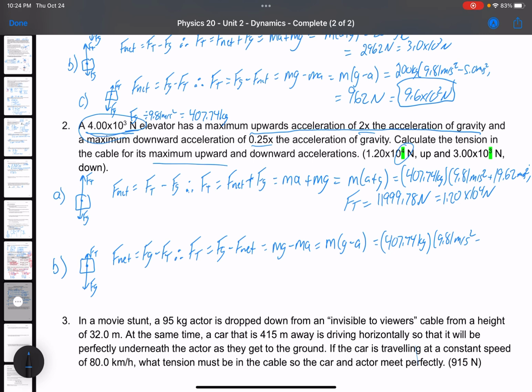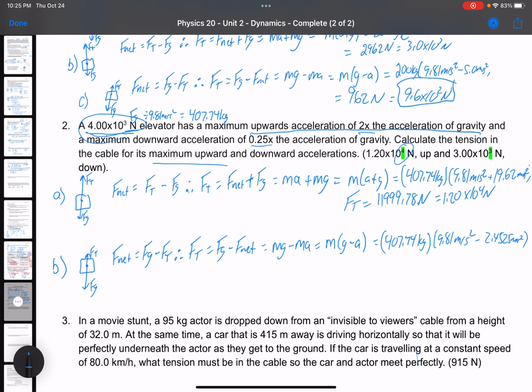Subtract. If it's 0.25 times, I'm going to go 0.25 times 9.81. So 2.4525. And just give me a second here.